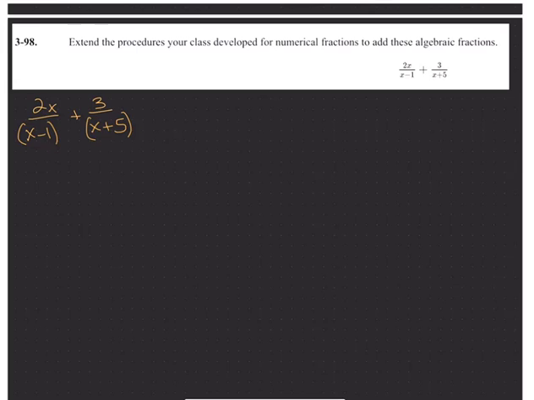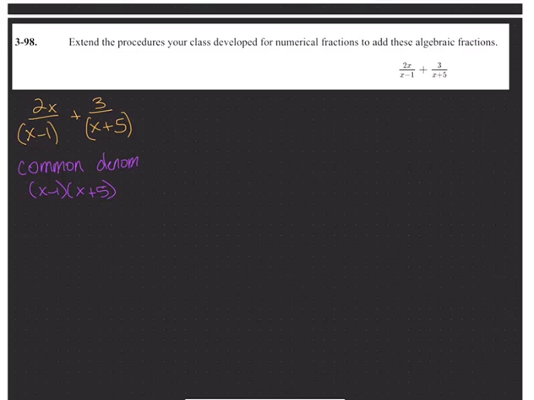So our common denominator is going to be x minus 1 times x plus 5. Okay? I'm going to throw that below there. Save me a little space.